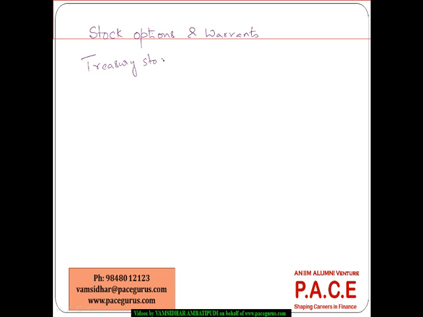See, generally, what is happening: let's say the company has issued 100 stock options, and now let's say these options are exercised. If these options are exercised, there is money getting inflow, because the exercise is for a fixed price decided at the beginning of the issue of the option.